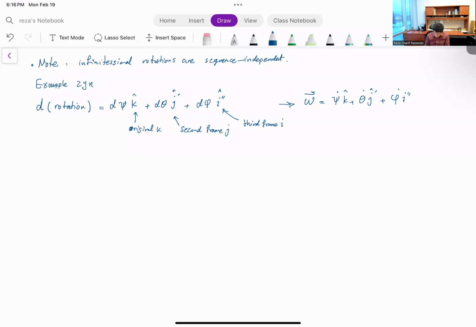And this is my angular velocity in terms of the rate of change of Euler angles.